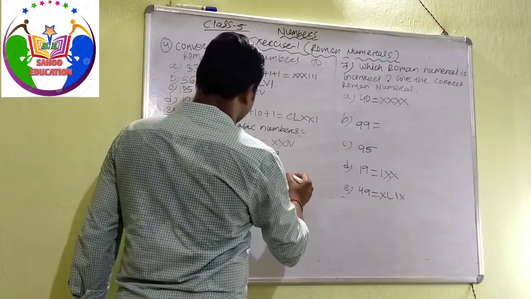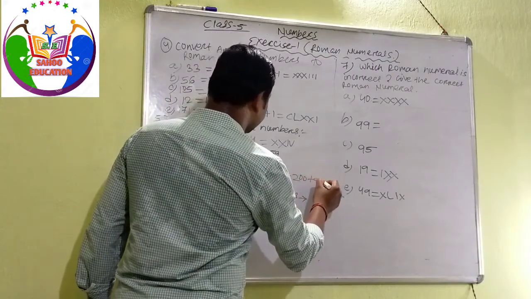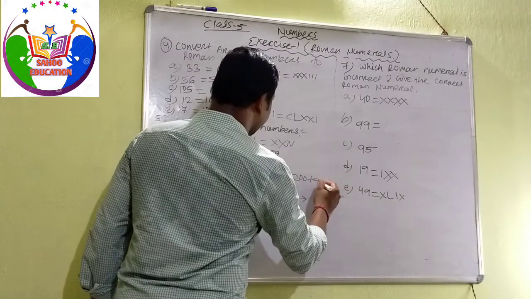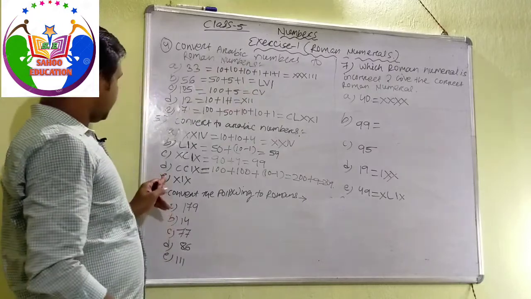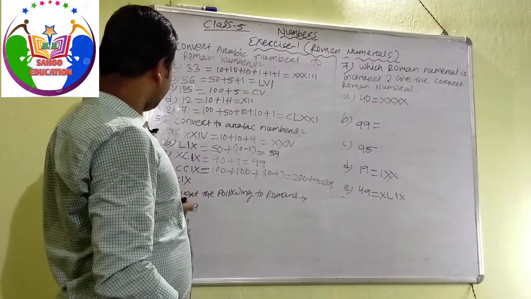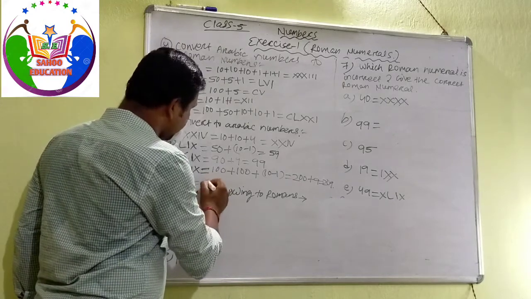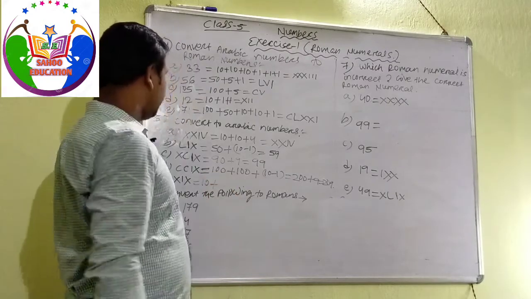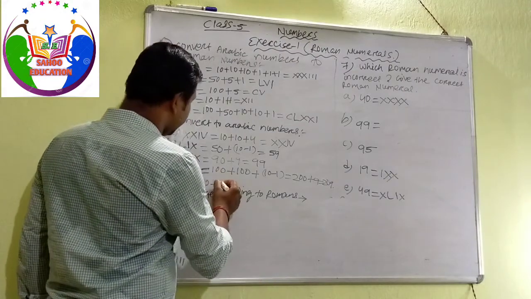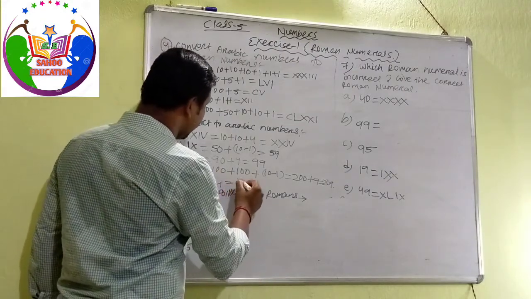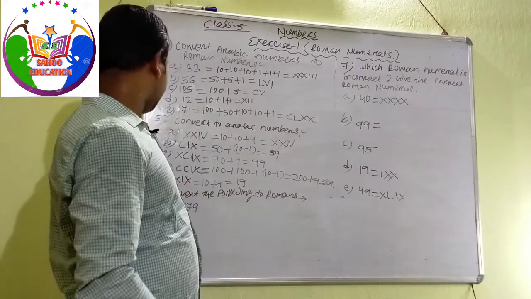So 200 plus 9, that is 209. Now the next bit is E. They have given XIX. You know X stands for 10 and IX stands for 9. So 10 plus 9, 19 is XIX.